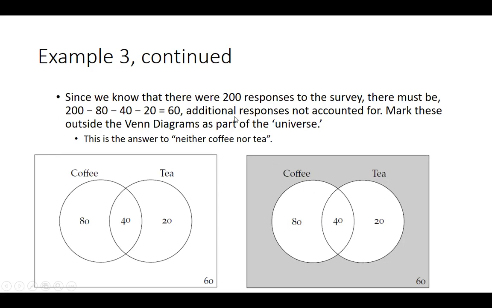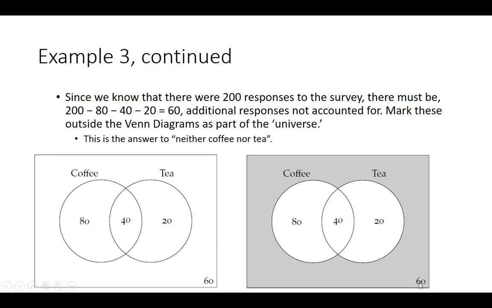Since we know that there were 200 responses to the survey, there must be 200 minus the 80 that said coffee only, minus the 40 that said both, minus the 20 that said tea only, leaving 60 additional responses not accounted for. The 60 must be outside of the circles.